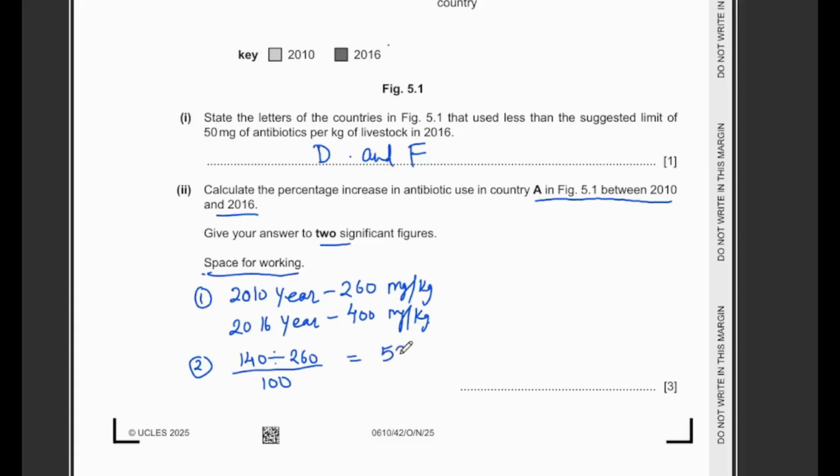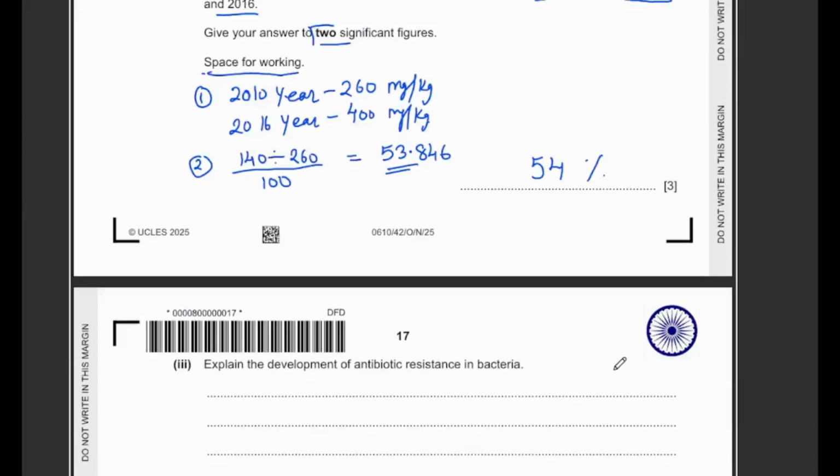We get 53.846, and I have to give the answer to 2 significant figures, so it should be 54. The percentage increase is 54%. I hope you got this answer, 54%.